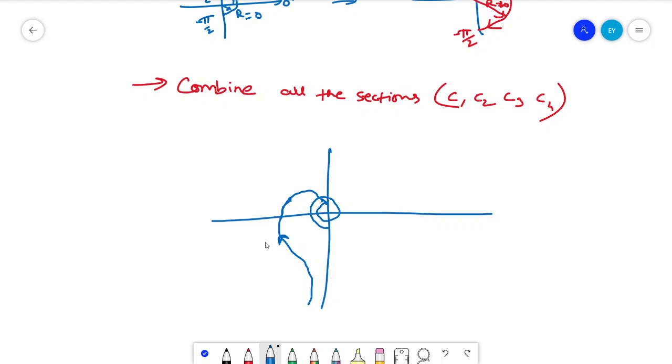This is for C2. Then from C2 it went to this point, which is nothing but C3.